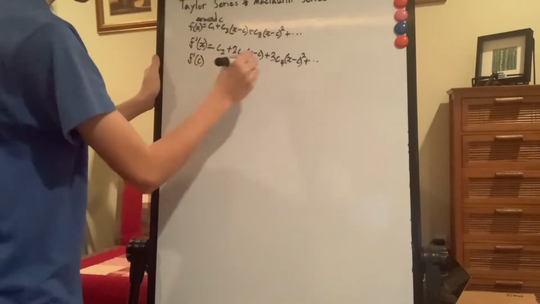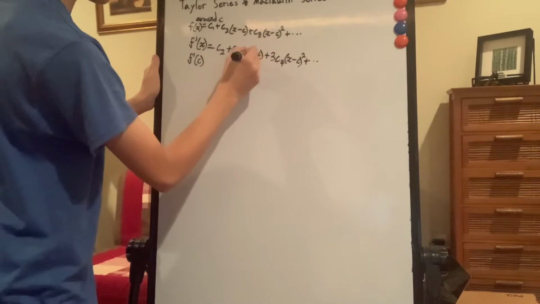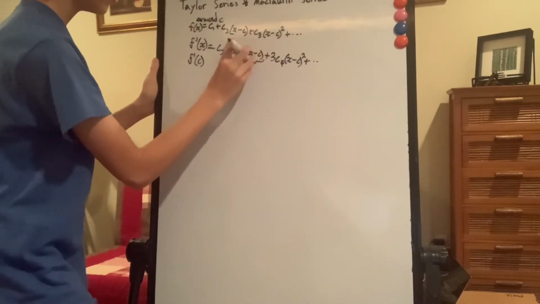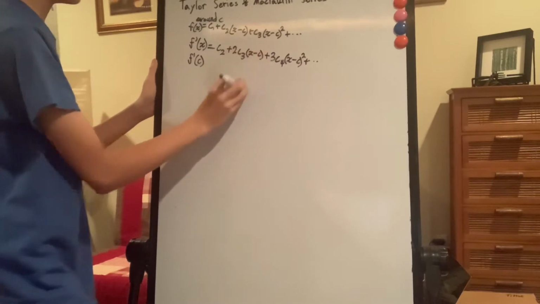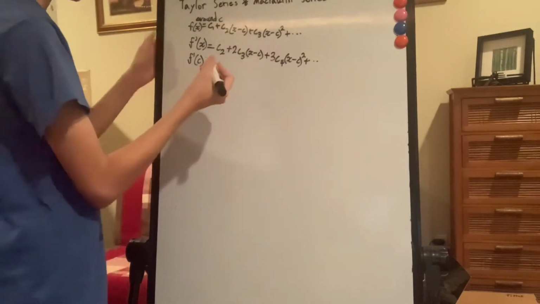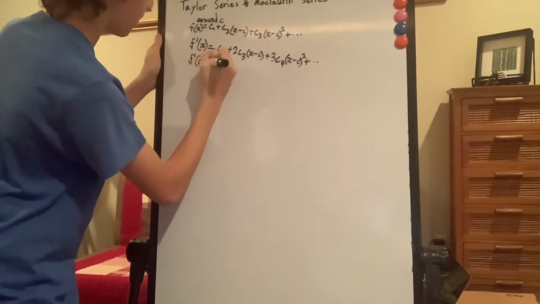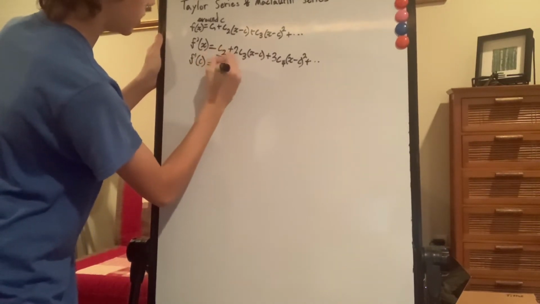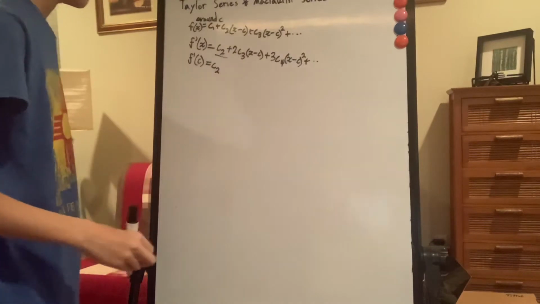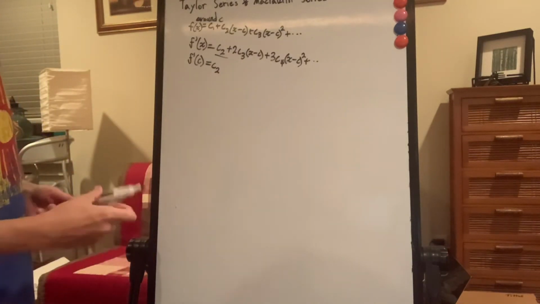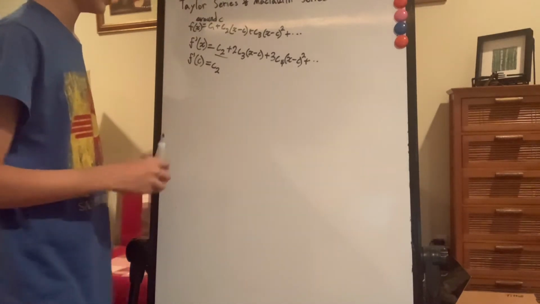All of the terms with x minus c will go to 0. So that's literally all of the non-constant terms. The constant term is the only one that survives, which is c2. So we need f prime of c equals c2. Okay, so that's pretty nice, right? But it doesn't always work this nicely.